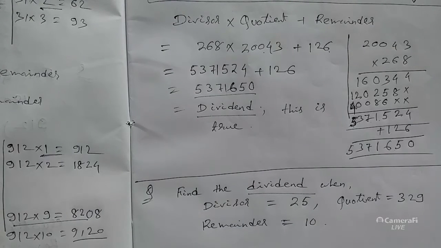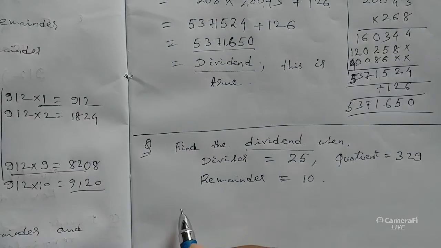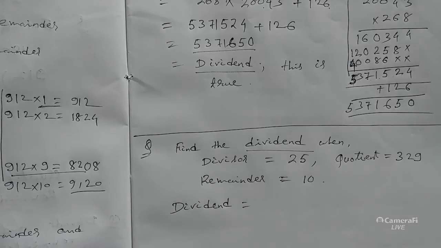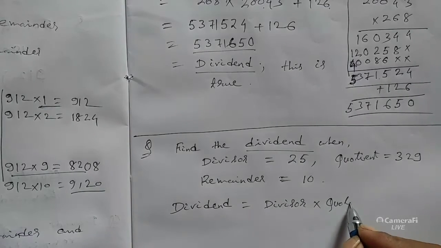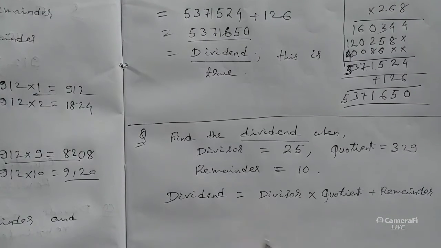What was the dividend? In that case we will use the previous property, that dividend equal to divisor into quotient plus remainder. So we know that dividend equal to divisor into quotient plus remainder.